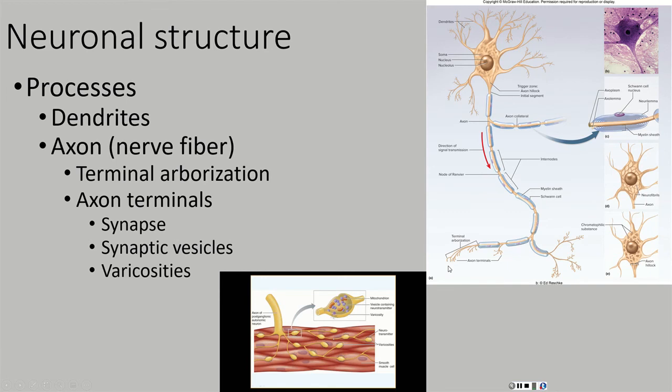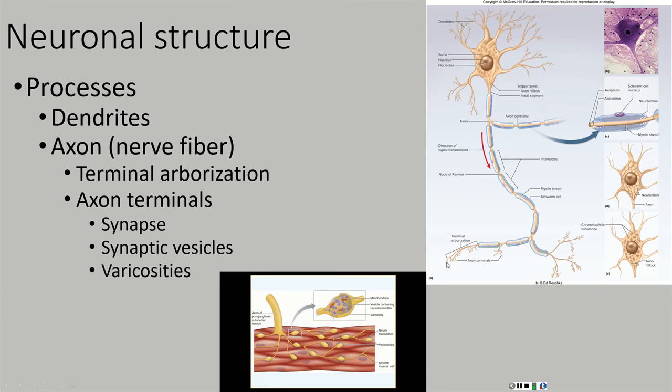That point where the terminal buttons or the axon terminals bump up against the next cell in line is called a synapse. A synapse is the point where an axon terminal and another cell bump up against each other. And we're going to look at that in the third lecture of this chapter.